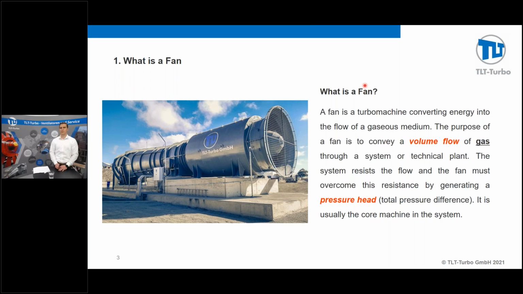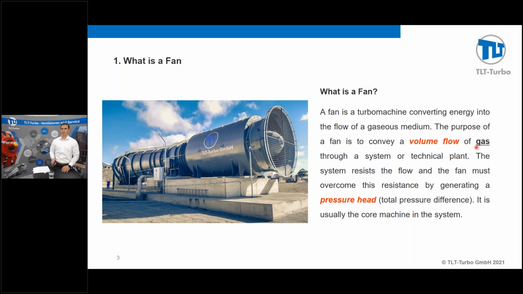Maybe you also heard that some laypersons sometimes say turbine to a fan, which is wrong in the sense of turbomachinery definition. A turbine is basically doing the opposite of a fan. A fan is putting energy into the flow, whereas a turbine is getting energy out of the flow. So that's a small but important difference between a fan and a turbine. Now we're talking about fans, and I highlighted here two words.